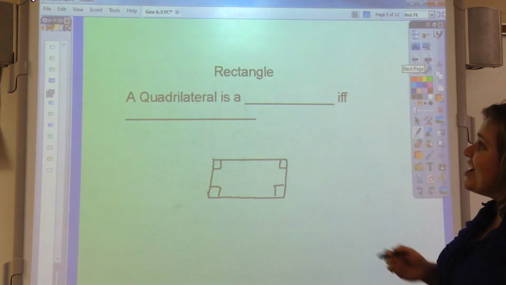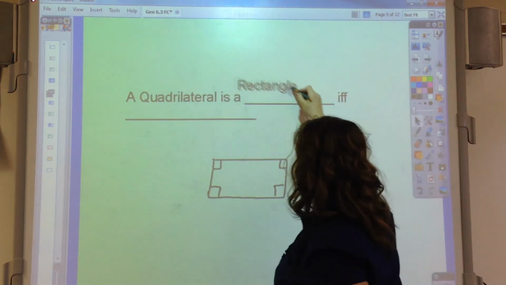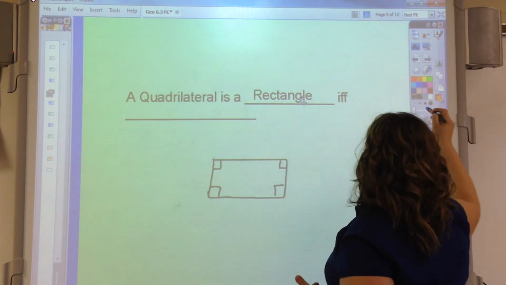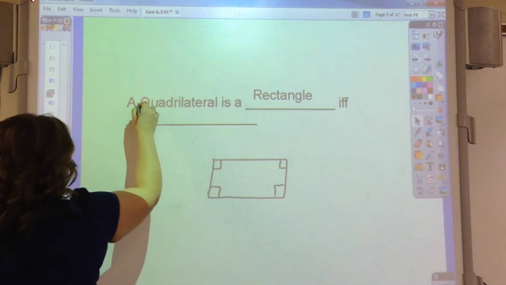All right, a quadrilateral is a rectangle if and only if it has four right angles.